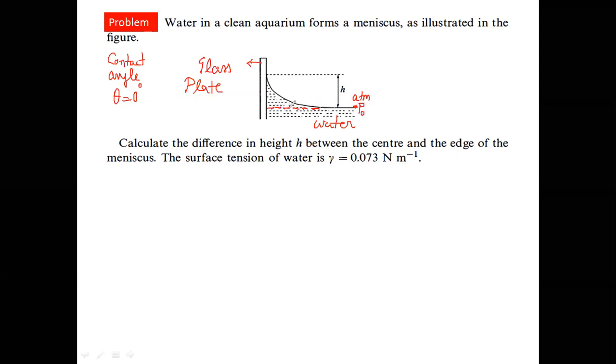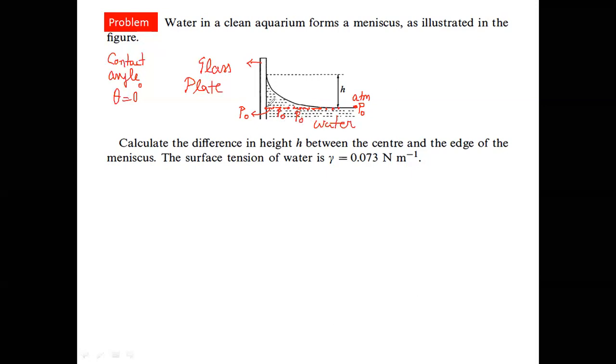And at this horizontal level, the pressure at every point must be equal under the equilibrium condition. So the pressure at this point should also be P naught. Each and every point on this line will have the same pressure P naught.